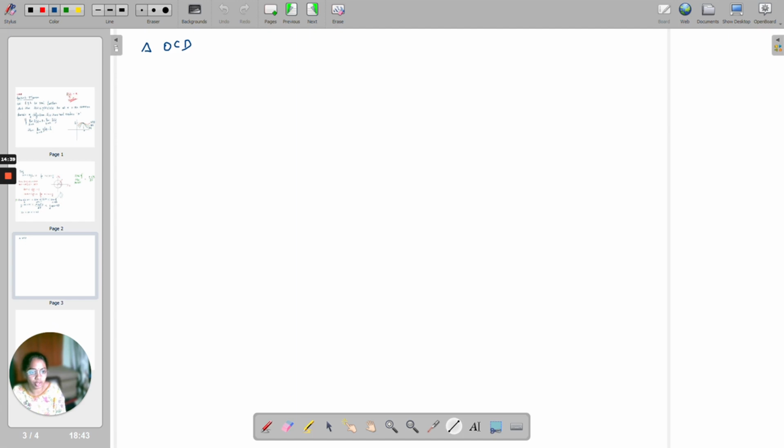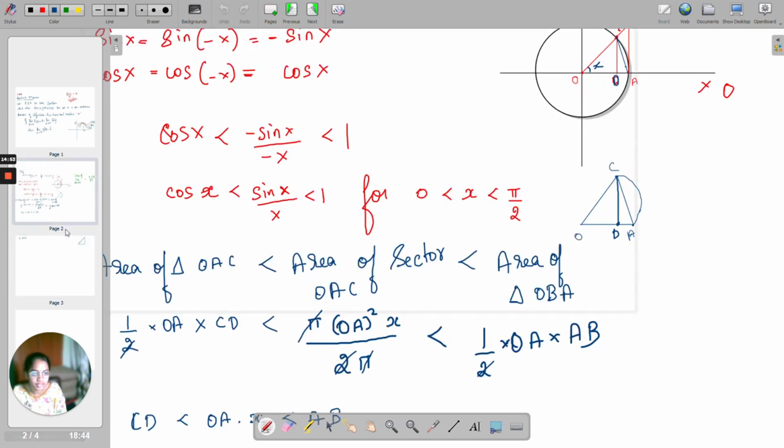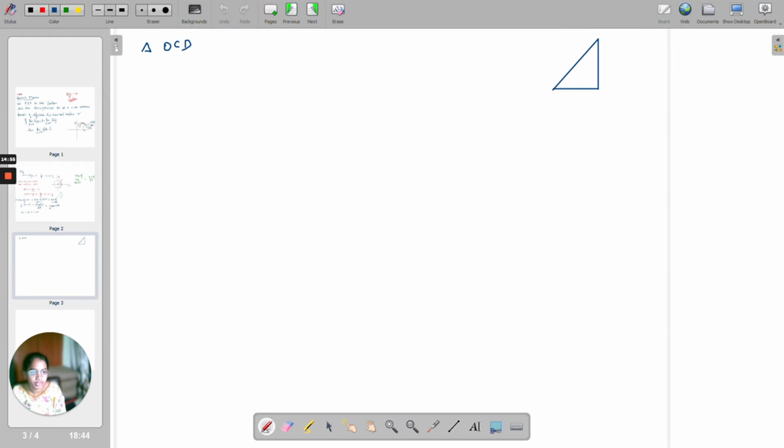Let me draw the right angle triangle. So this is how it looked: O, C and D. So here I would get the angle x.